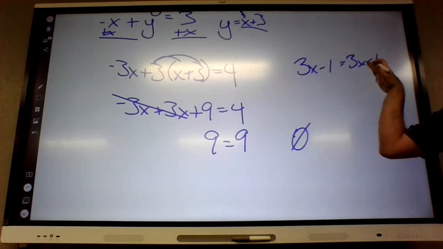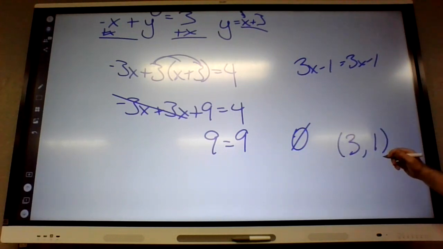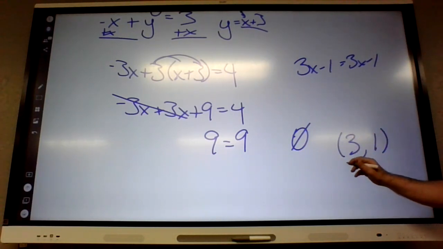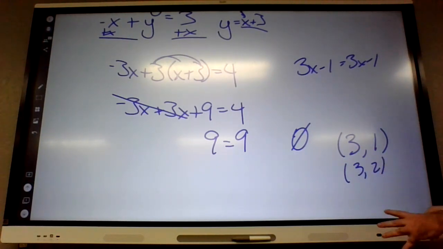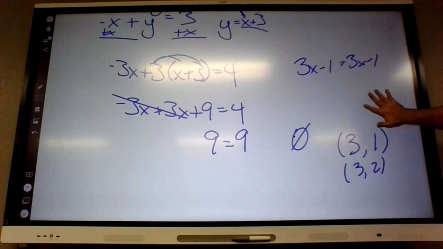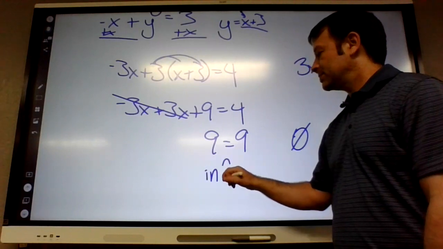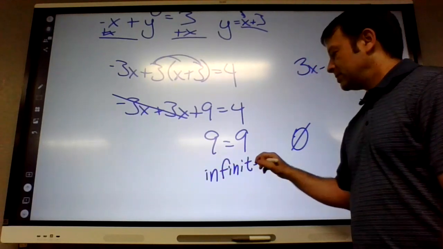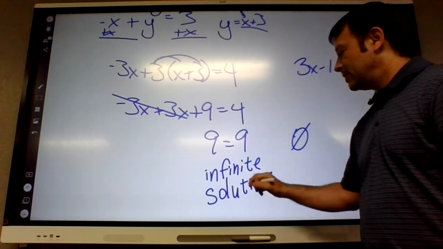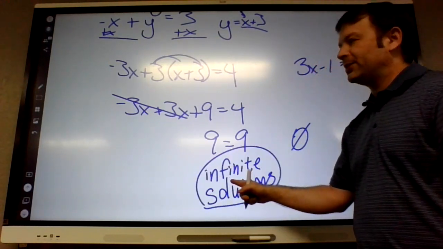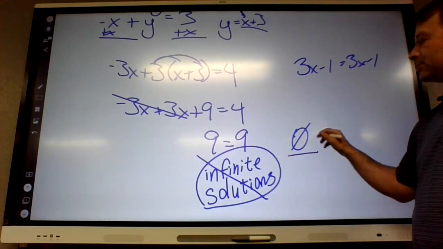But when you have two variables, the solutions are like 3, 1, so you can't just say all real numbers because 3, 2 wouldn't work. You can't just say everything works. The way I want you to say it is infinite solutions. But there's also an infinite number of non-solutions. This is not for today, but it will come up like on Friday or something. This is the only no solution for today.